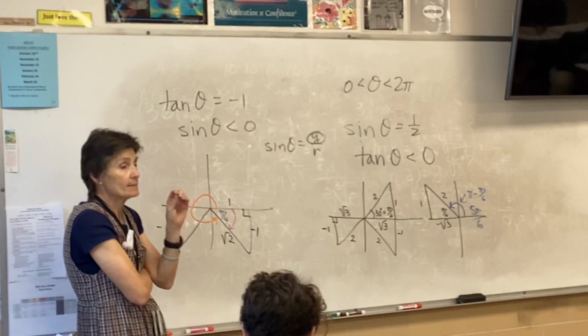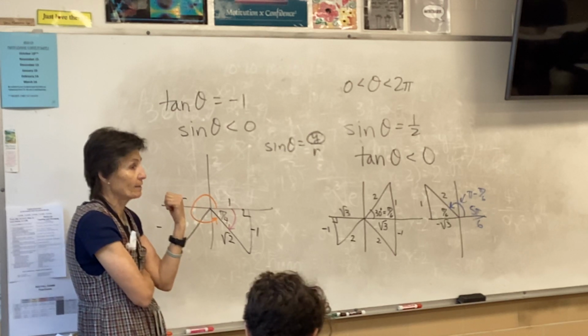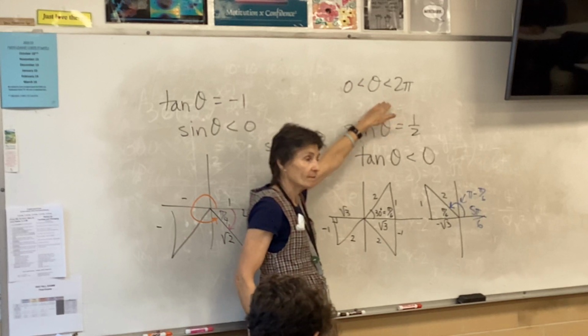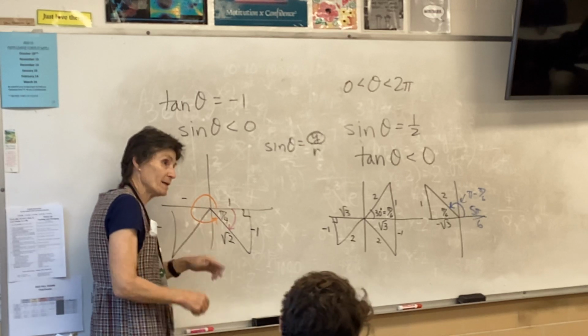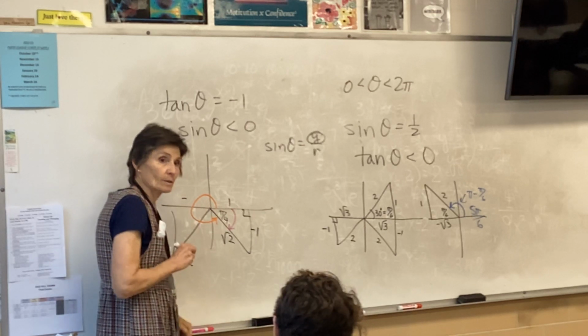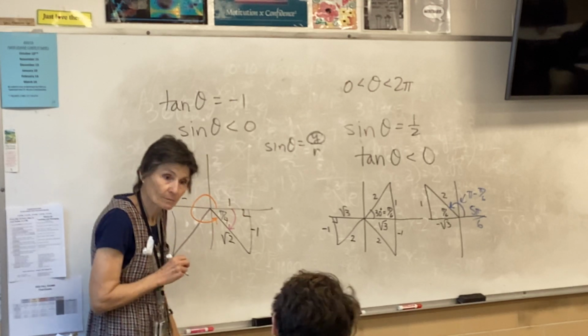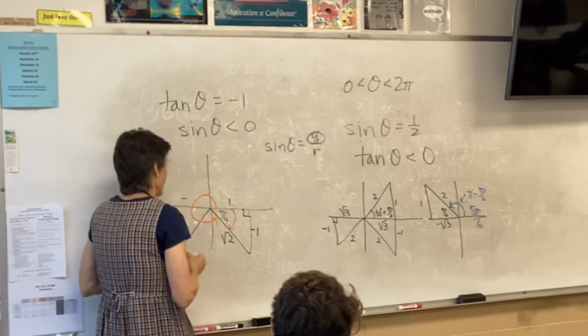I'm going to emphasize negative pi over 4 is an answer to this question, but not in the range they want it. They want it this way. So what would that orange angle be? 7 pi over 4. That orange angle is 7 pi over 4.